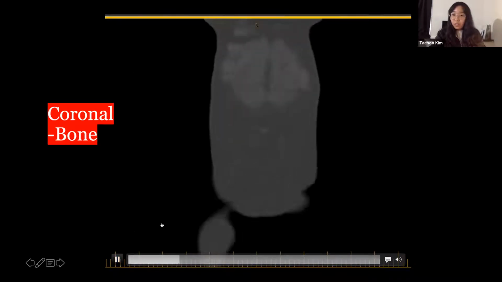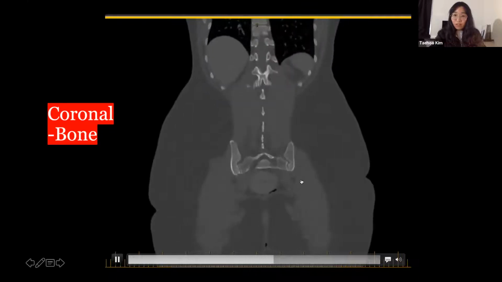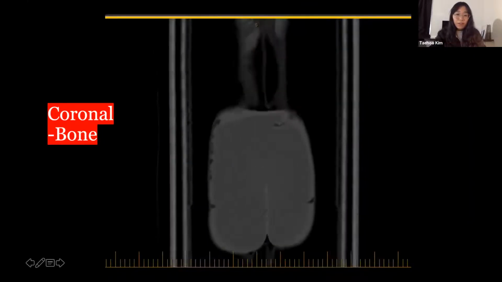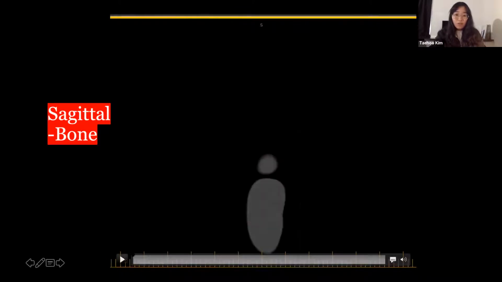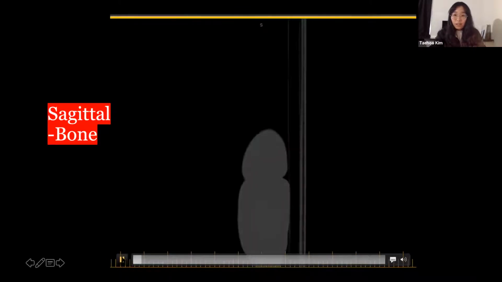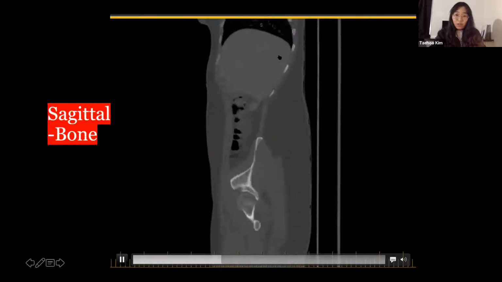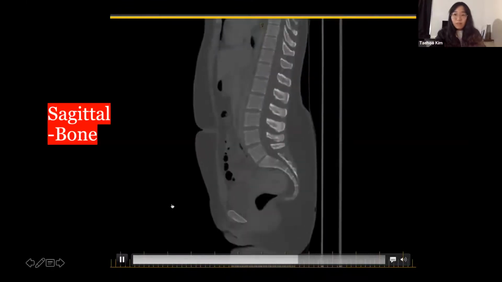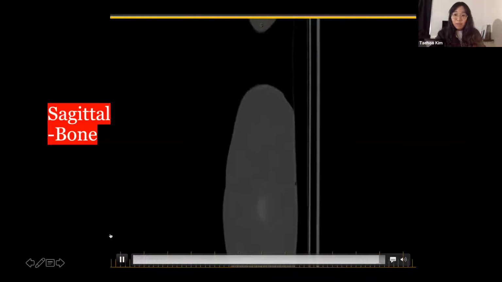Because just like the scout image that I showed earlier, pelvic and femoral neck fractures are better seen on coronal view. And then, still on my bone window, I go to my sagittal. Sagittal is sideways, so it's the best to check for the spine. I scroll up and down a bit more to check if there's anything big that pops up.